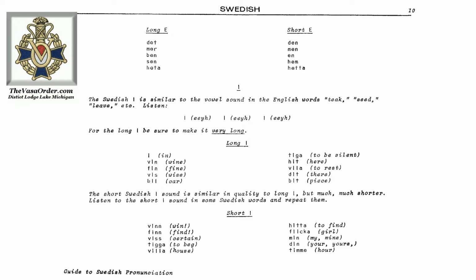E. The Swedish E is similar to the vowel sound in the English words teak, seed, leave, etc. Listen. I, I, I. For the long E, be sure to make it very long.